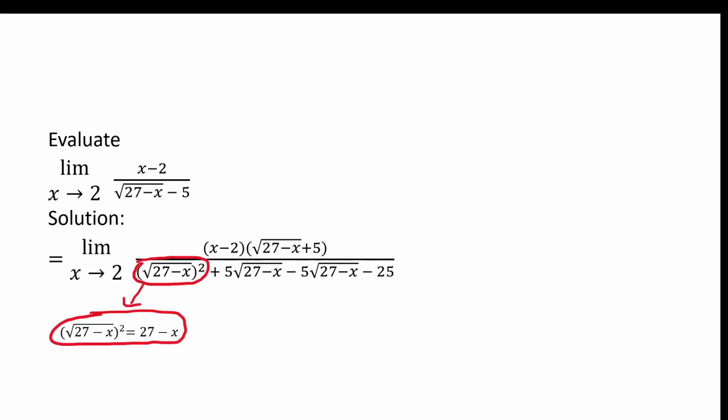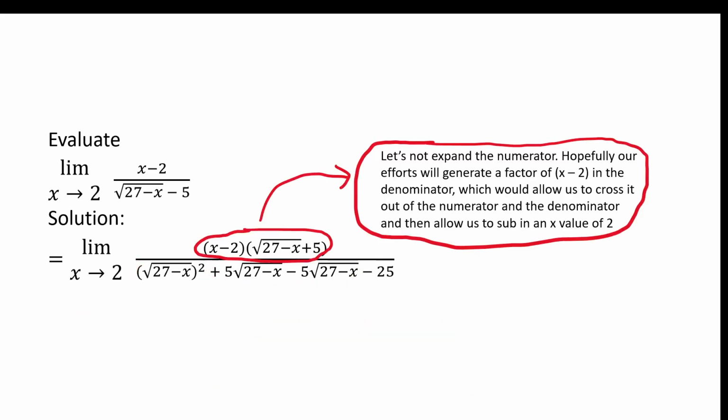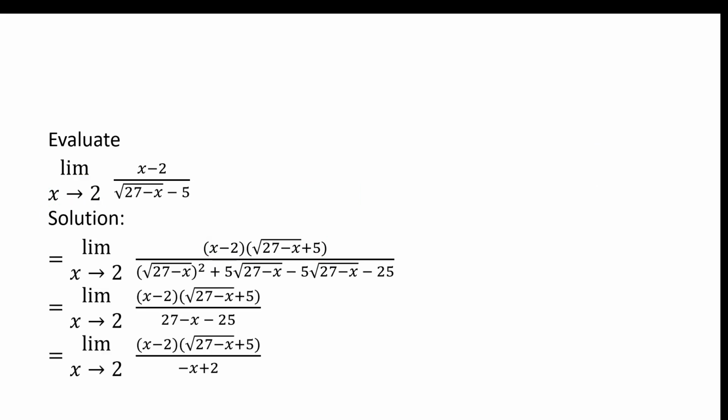And we're showing a couple of steps where we show how we're going to get that negative x plus 2. We're not going to distribute the top because we like the fact that there's an x minus 2 up there, because we kind of have an inkling that's what we want to cross out. So we've got a factor of x minus 2 up top and a factor of negative x plus 2 down below.